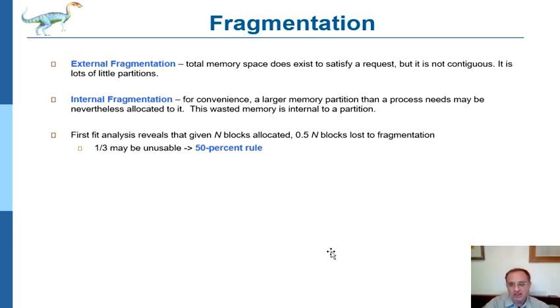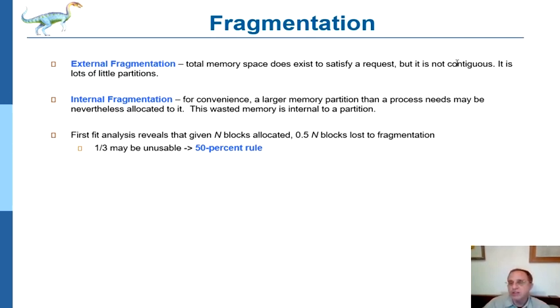And that's what this slide says here. What that means is, well, fragmentation means that if this process keeps on going, and I keep on taking in processes and out processes, in processes and out processes, I may have lots of slivers that are unusable. And that's called external fragmentation, which is written here. The total memory space does exist to satisfy a certain request, but it's not contiguous.